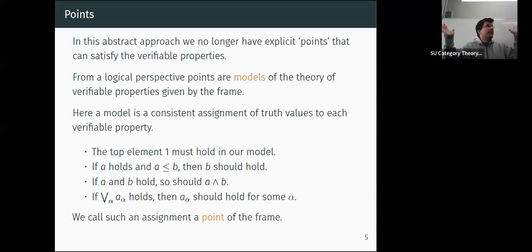Otherwise it's very close to the definition of an ultrafilter. At least it's the analog of an ultrafilter in this setting. So this is what we call a point of the frame. From a frame, we can recover a notion of points. It's not the kind of thing that we start with, but it is something we can discuss.